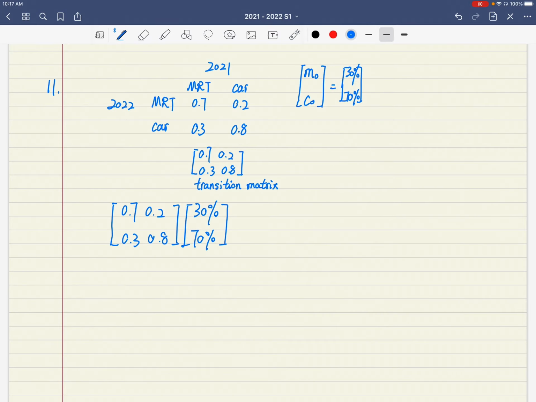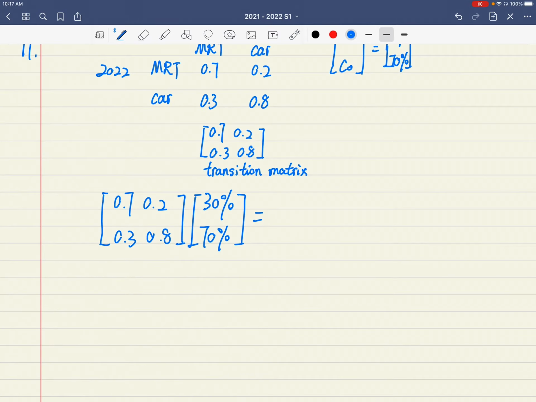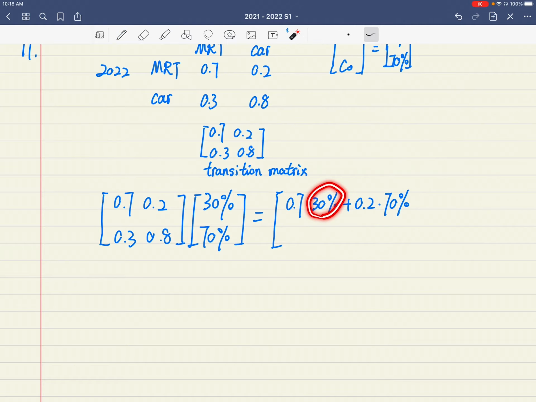So when you do the matrix multiplication, it's 0.7 times 30% plus 0.2 times 70%. What does this mean? These 30% are people who are taking MRT, and out of those people, 70% of them will keep taking MRT.